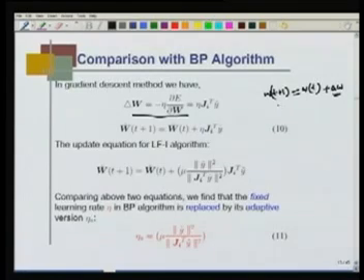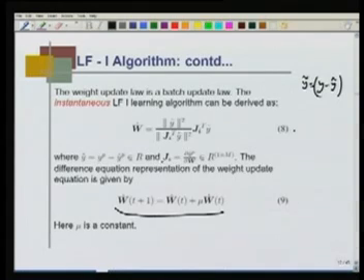where this J I is del y by del w. You can easily see this is J I. This is a row vector because y is a scalar.